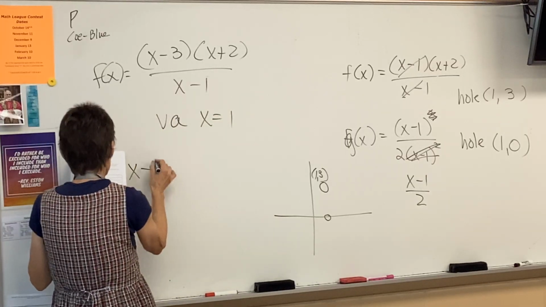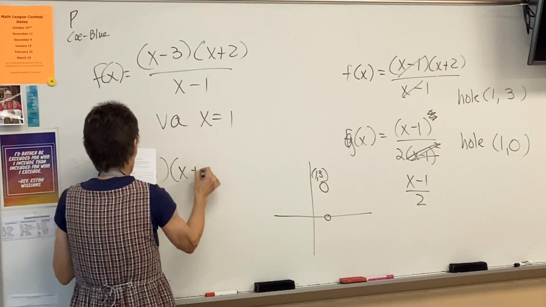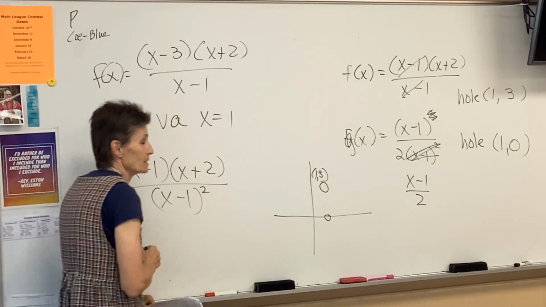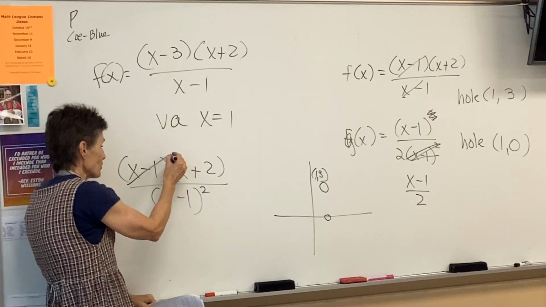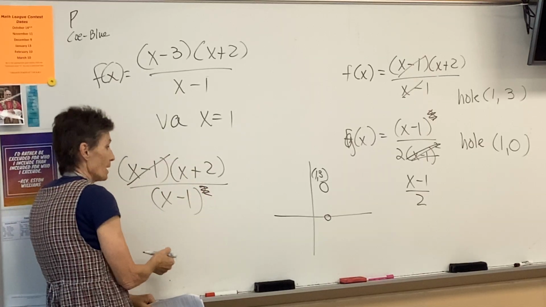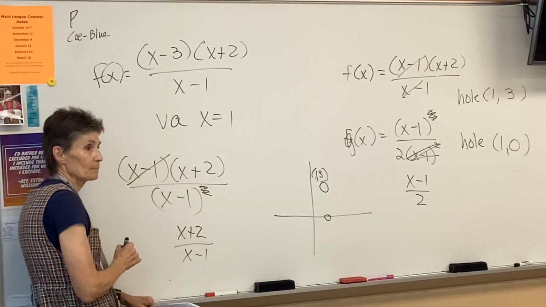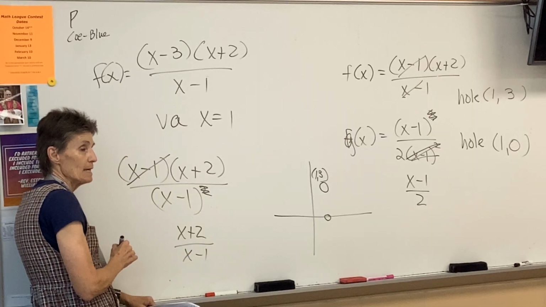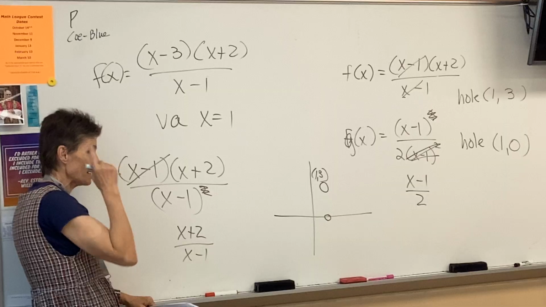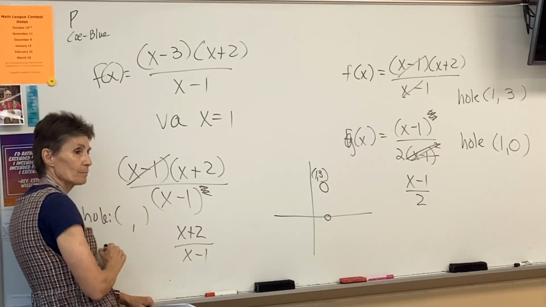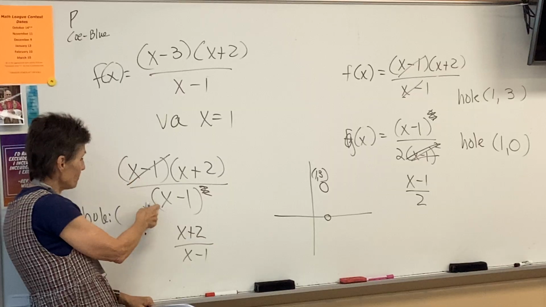All right, look at the next one. This is the one that kind of catches us sometimes. I can cancel. But look what I'm left with. When I cancel, I'm kind of programmed to say, oh, I'm going to have a hole. The hole would be at 1.